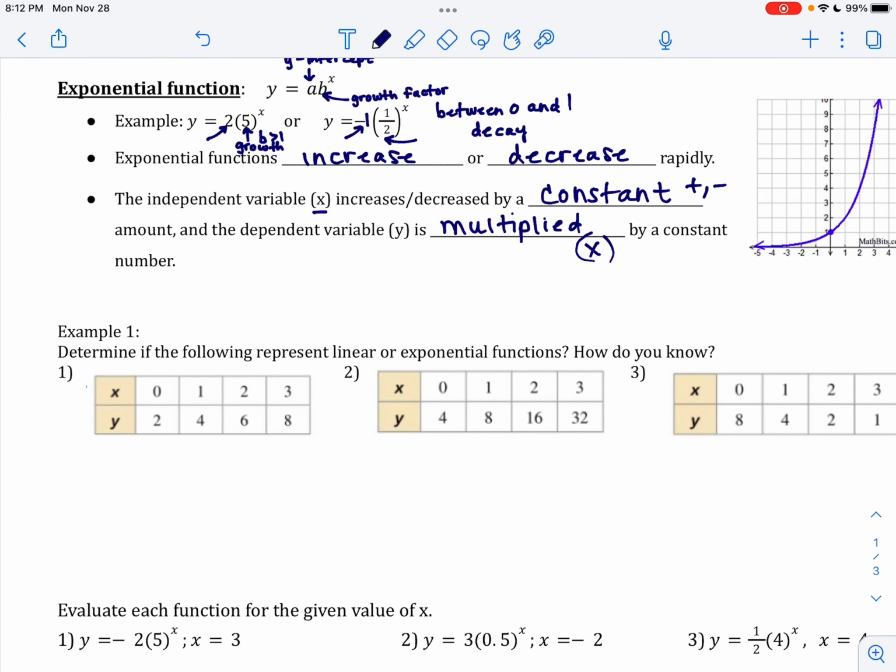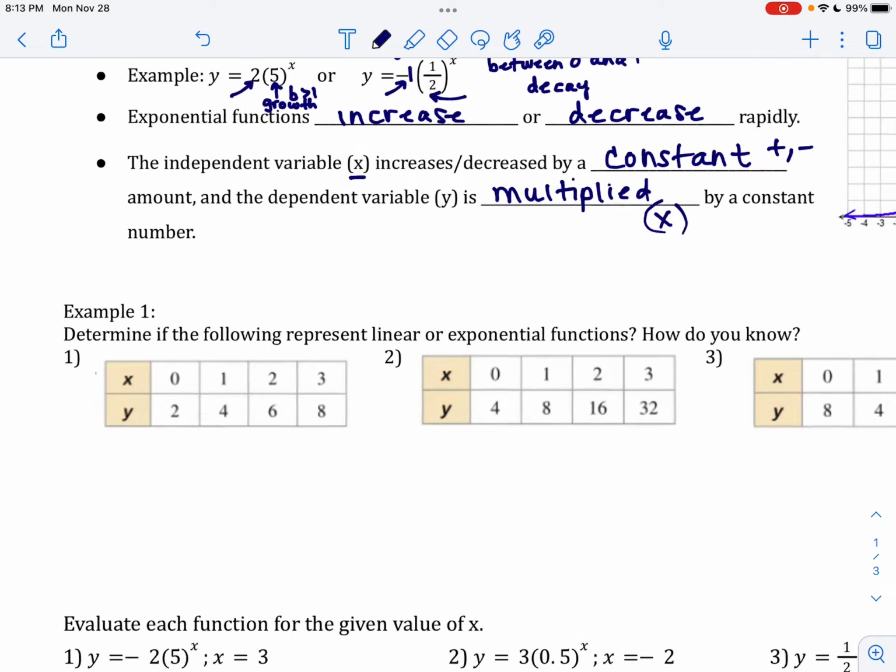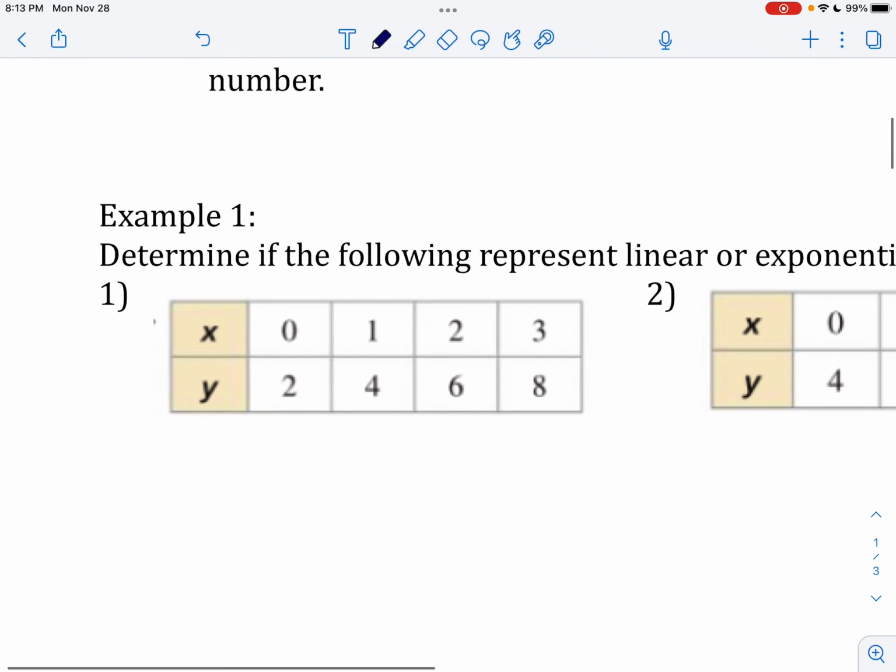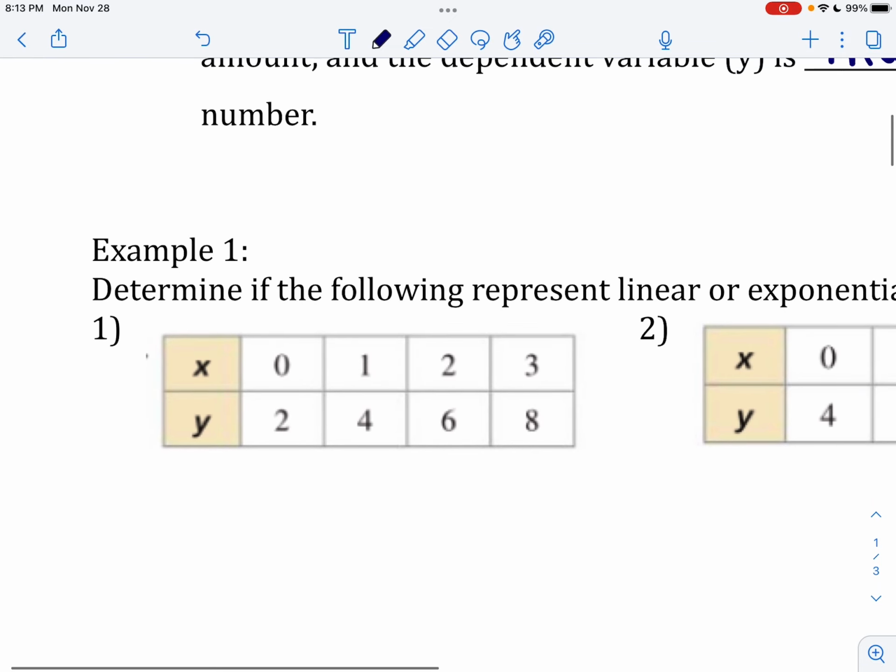We've already done linear tables, so we're just looking at the exponential tables now, and we're comparing to see which one is linear and which one's exponential. So if we look at the first one, remember we want to look at the change in x and the change in y to determine if it's linear or nonlinear. So the change in x from 0 to 1, it's going up 1, so that's plus 1. From 1 to 2 is plus 1, from 2 to 3 is plus 1.